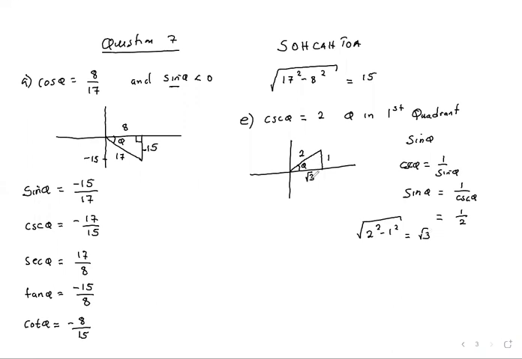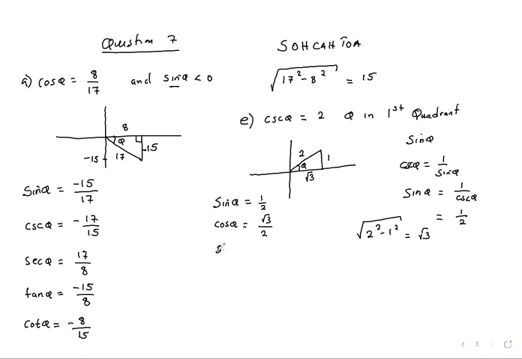And then once I have that root 3 there, what do we have? We have cosec. So you can easily find sine. We have already found sine anyway. It's 1 over 2. And then we go to cos. Cos is adjacent over hypotenuse. So adjacent is root 3 and hypotenuse is 2.